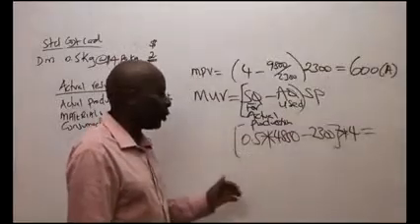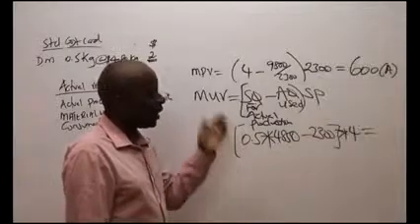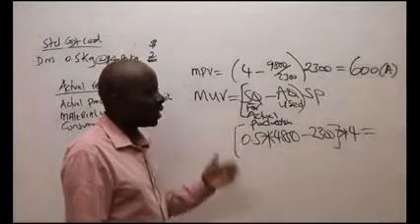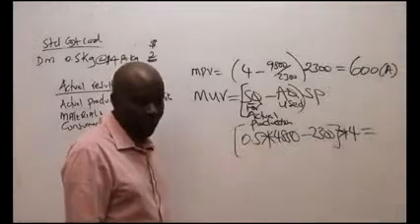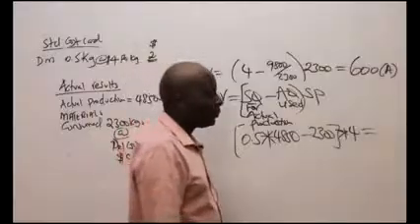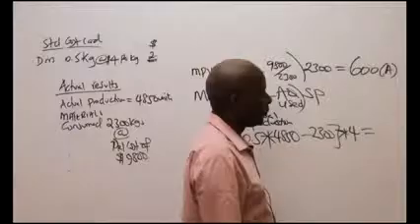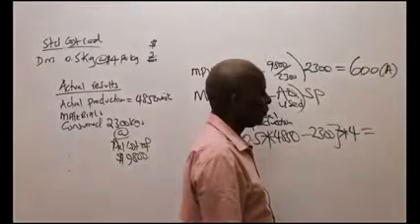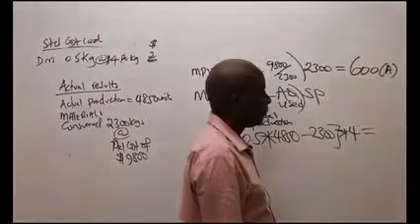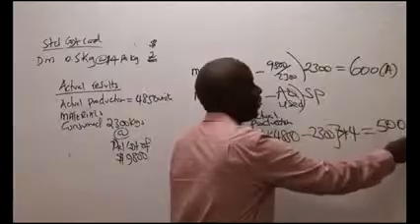So what you do, you get your calculator, you say open bracket, 0.5 times 4850 minus 2,300, close, times 4, please give us a figure. 500 F. 500 favorable.